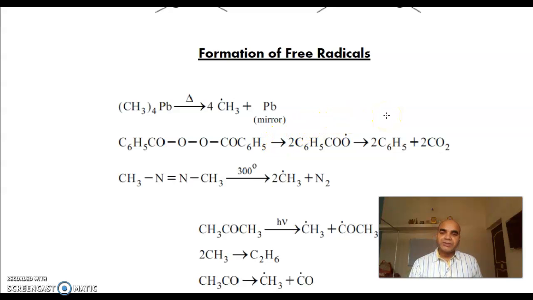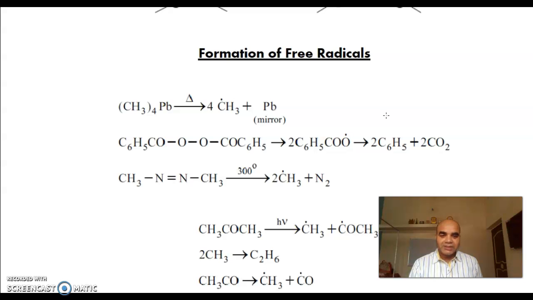Basically, inducing homolytic fission in a covalent bond is not an easy process. It requires a huge amount of energy. So to generate a free radical from a molecule, or to break a covalent bond under homolytic fission conditions, we need energy, and this can come from a physical or a chemical process.